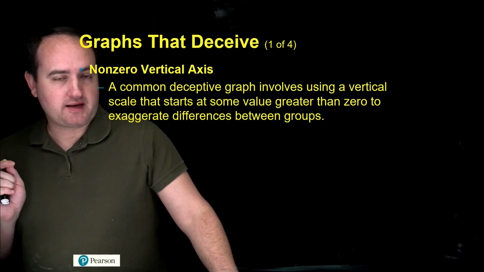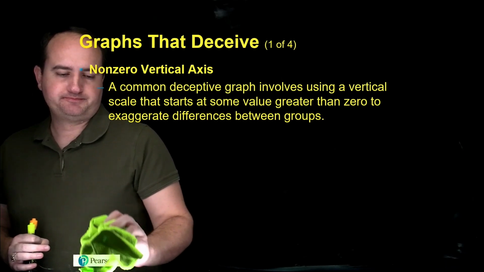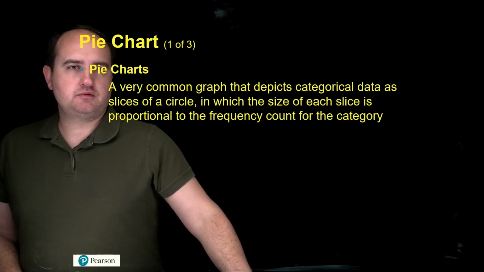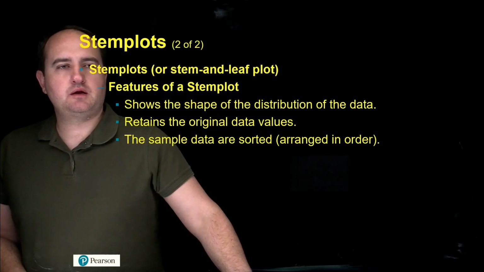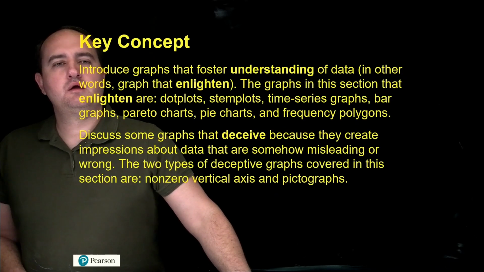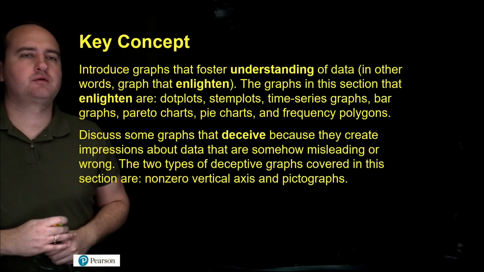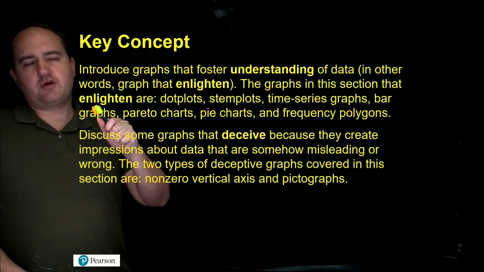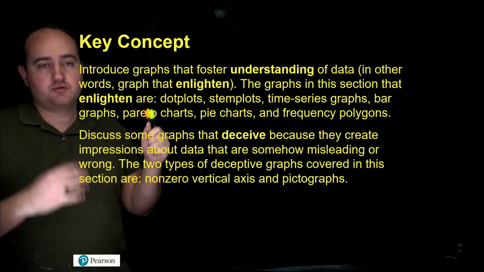So far we've talked about graphs that enlighten. So just as a summary, let me go back to our key concept thing at the beginning here. So we already talked about this at the beginning of the lecture. So we've learned about all the graphs that enlighten, or that are supposed to enlighten.